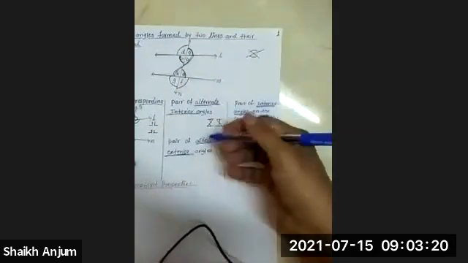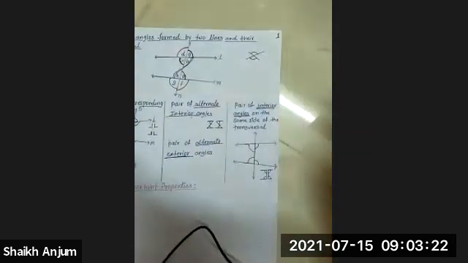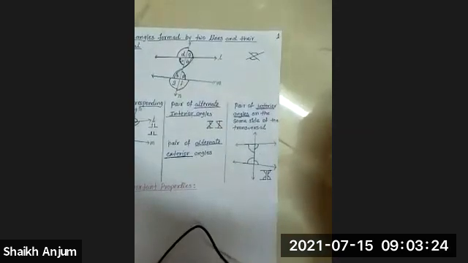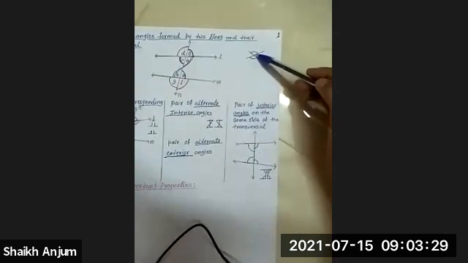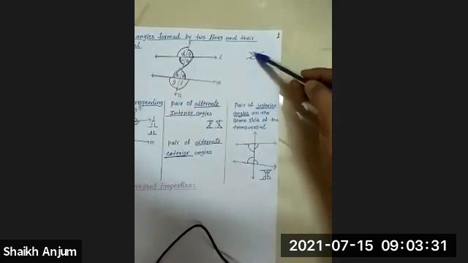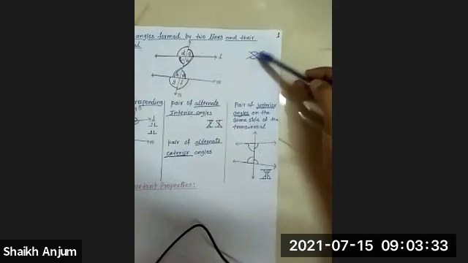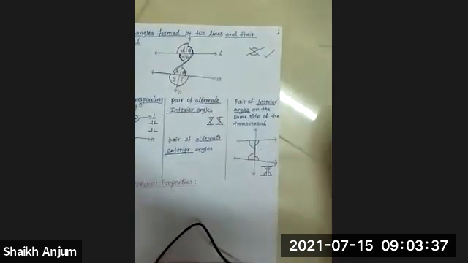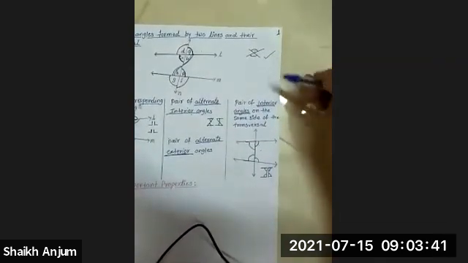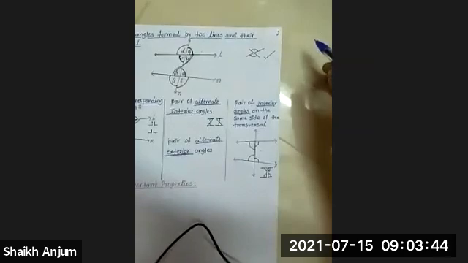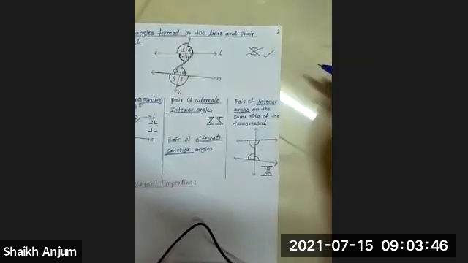Each of the pair of opposite angles is made by two intersecting lines. These are two intersecting lines, and this is the pair of vertical angles. This will be useful in the solution of practice set 2.1. So I just told it to you.